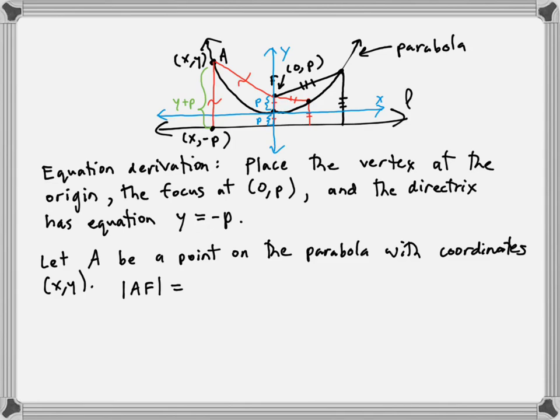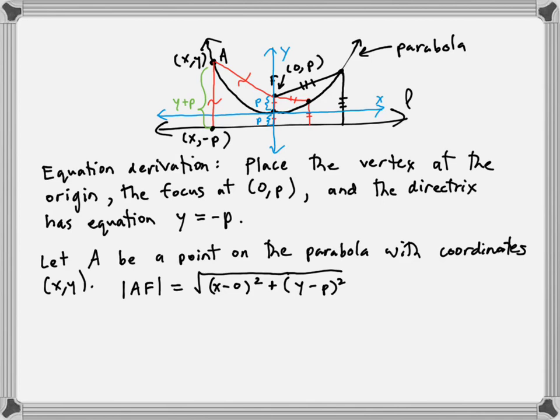So what would the distance from A to F be? This is equal to the square root of, remember, x2 minus x1 squared plus y2 minus y1 squared. So this is going to be x minus 0 squared plus y minus p squared.